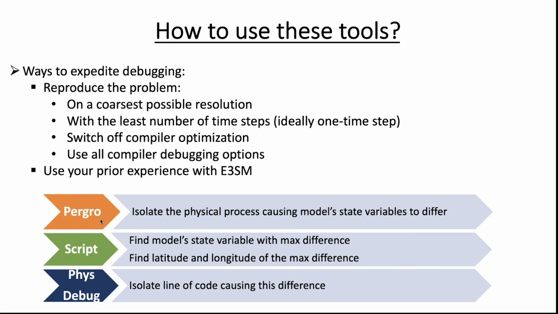And once I have that information, I can then launch the fizz debug tool to isolate the line of the code which is causing that difference. So that is the whole debugging exercise, and once we know the line, we can find a fix for that.